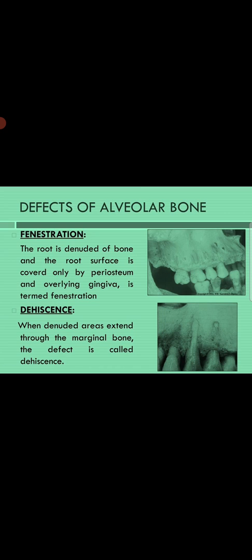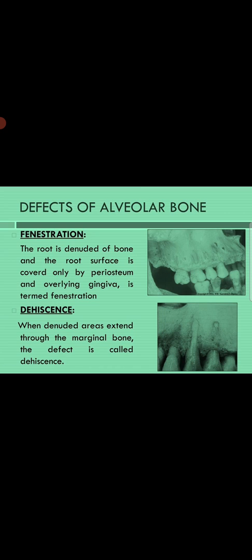The root is denuded of bone, and the root surface is covered only by periosteum. The bone around the root is denuded, but this does not extend to the marginal bone.